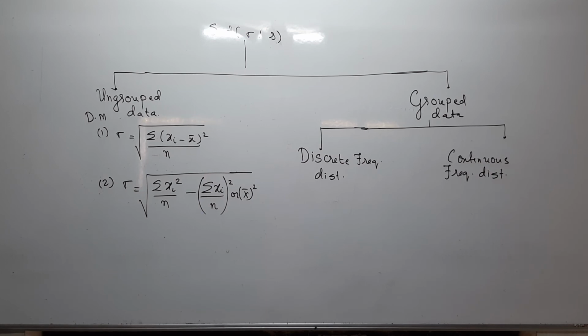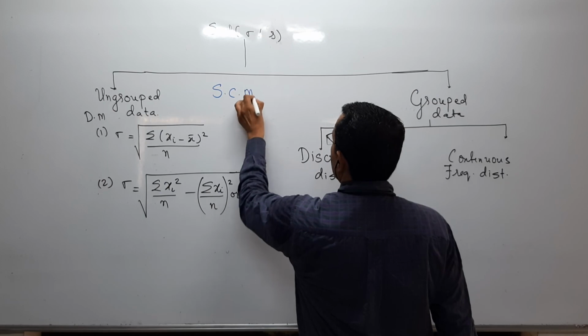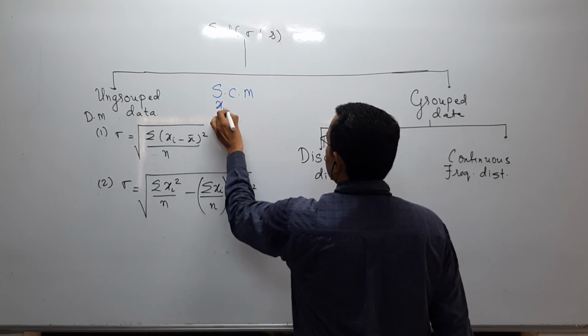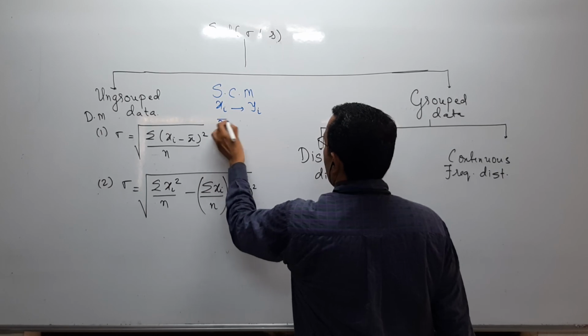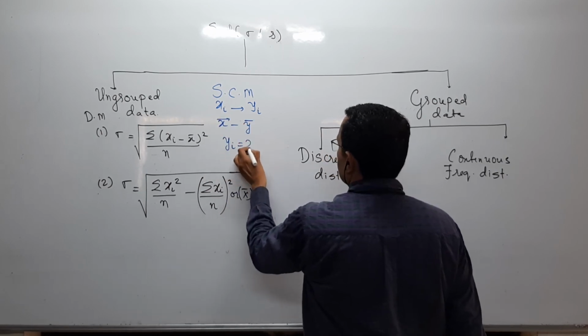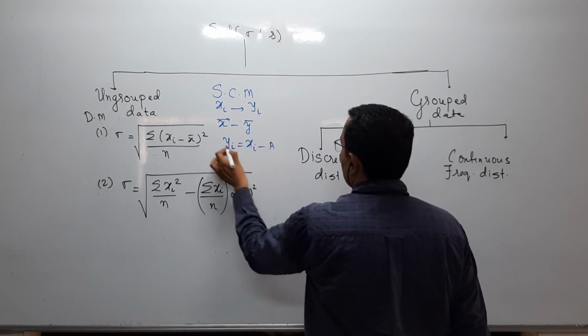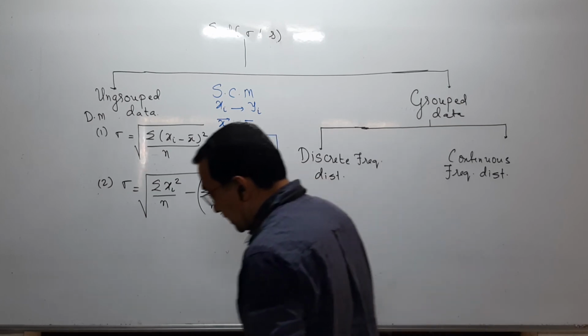Now here, the shortcut method formulas, we wrote it as SCM. Students, here the shortcut method formulas are obtained by replacing xi by y and x bar by y bar, where y is nothing but xi minus a and a is assumed mean.